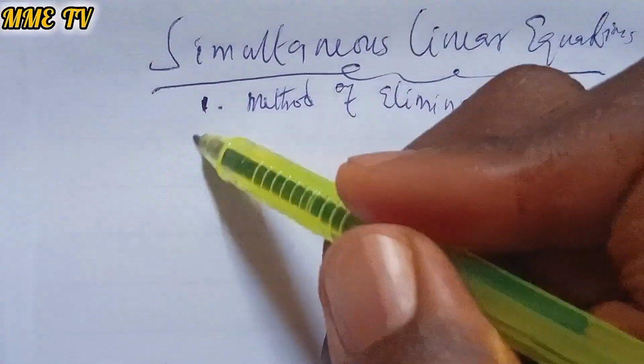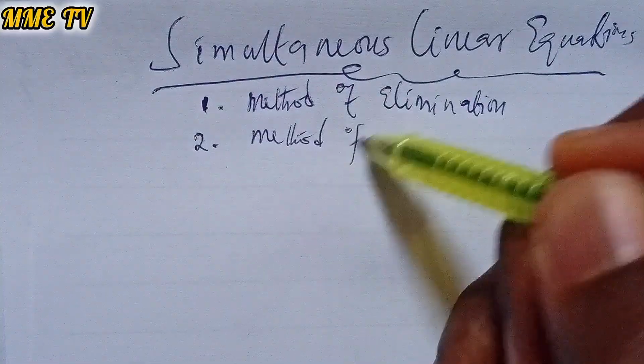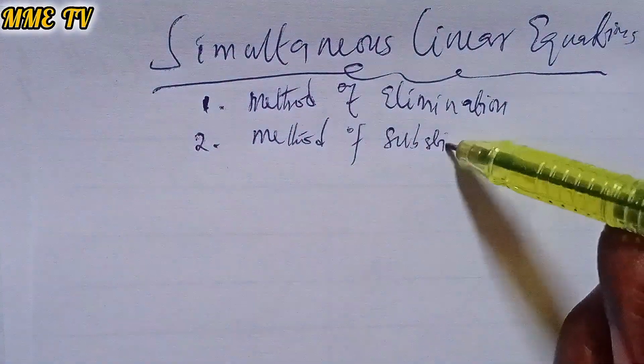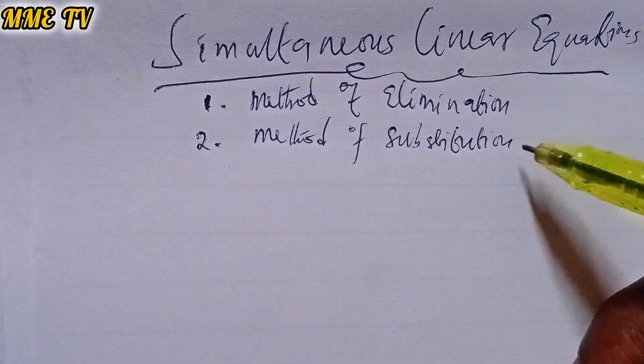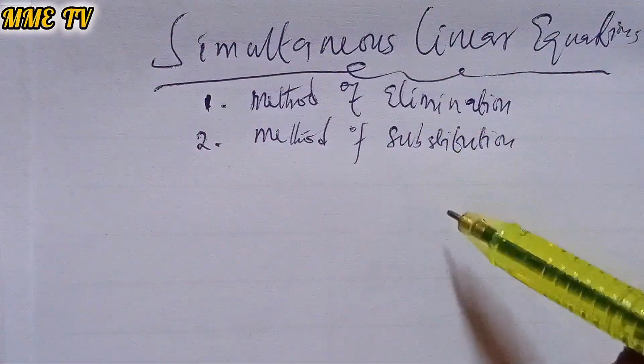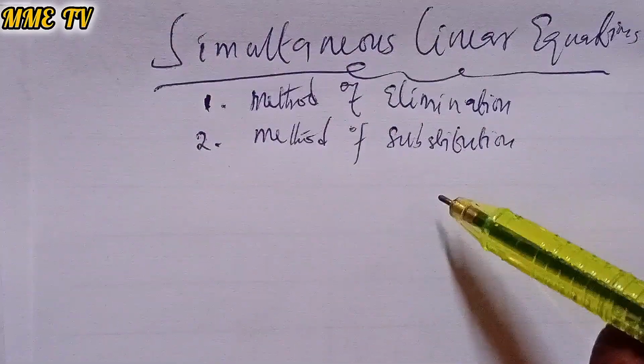And we have the second method known as the method of substitution. So you can either go for the method of elimination or the method of substitution depending on the question which you are given. You understand?